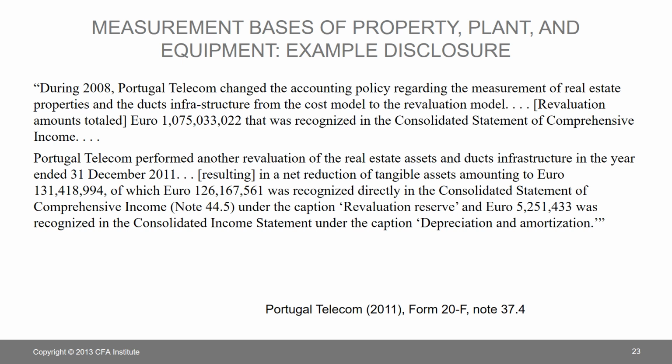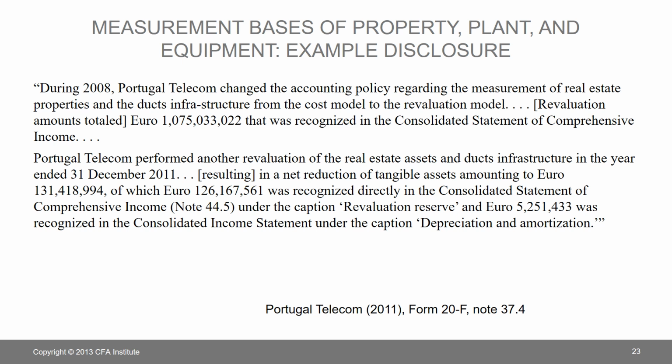On this slide, you can see an excerpt of a disclosure from Portugal Telecom for the fiscal year ended 31st of December 2011. It illustrates the use of the revaluation model under IFRS. Per the disclosure shown, you can see that the original revaluation of the classes of PP&E in 2008 created a revaluation reserve of more than 1 billion, and the revaluation reserve is a component of shareholders' equity.